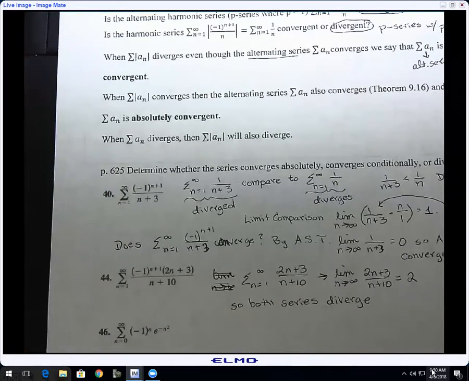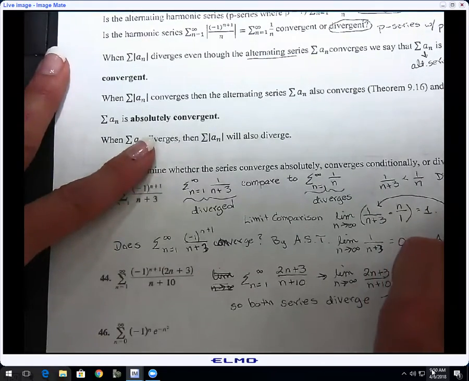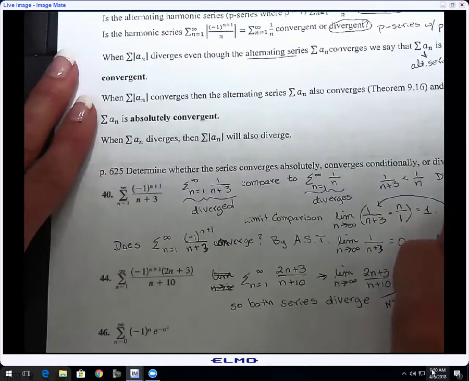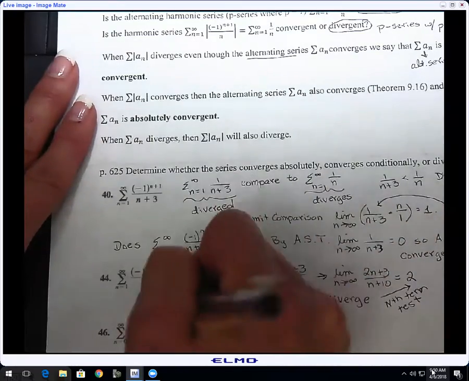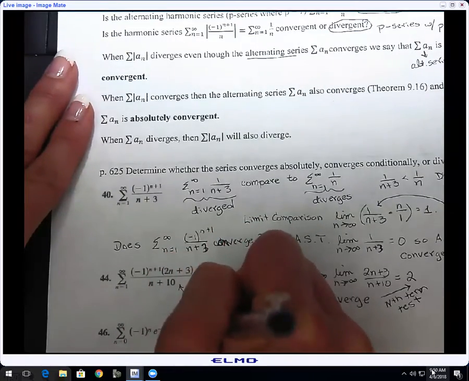What could I say differently? So both series diverge. I could say this one because of the nth term test, and this one because of the alternating series test.